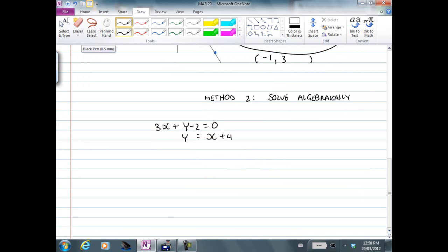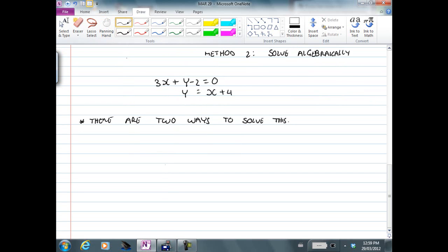So before you do this, I'm going to write this down, star. There are two ways to solve this. The first way I'm going to show you, this is a method a lot of you will use. This is called elimination.